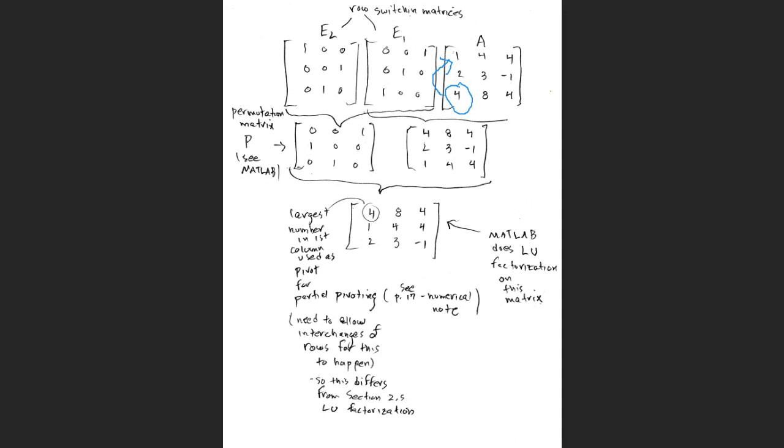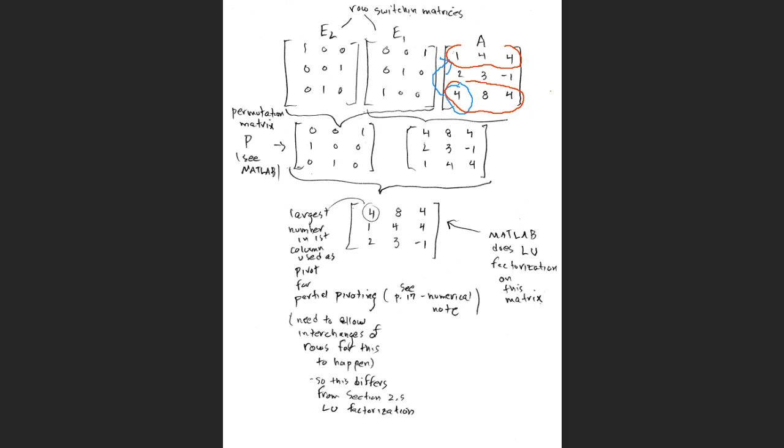Well, that means in order to do that, we want the first and third rows switched. We want to do a row interchange. Well, to do that row interchange, we multiply the matrix A by an elementary matrix, the elementary matrix E1.